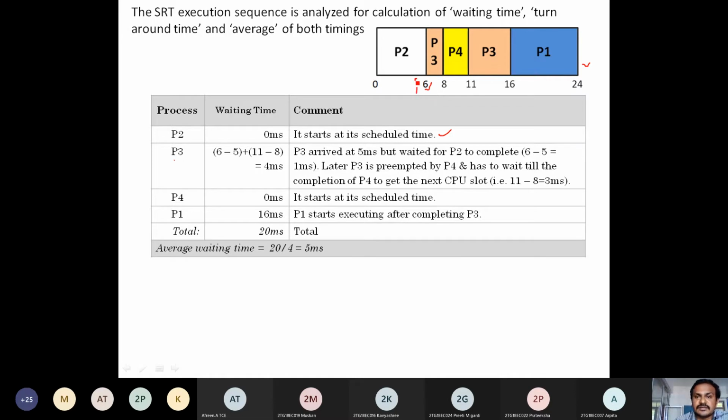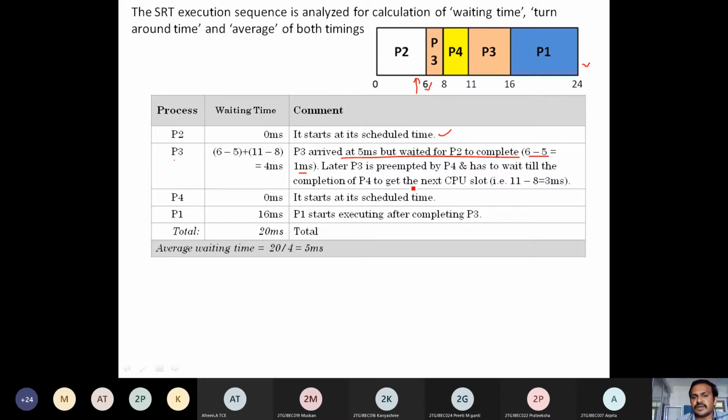Due to the system performance, it was scheduled later. So what is the waiting time? The waiting time is the difference of both. P3 arrived at the 5th millisecond but waited for P2 to complete. So the waiting time is 6 minus 5, that is 1 millisecond, waiting for completion of P2. That is the first thing.